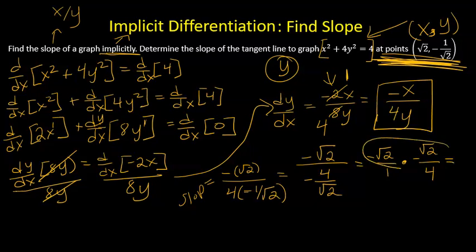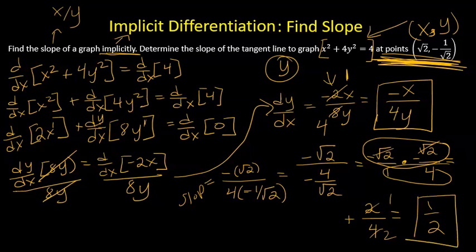Well, we have 2 negatives, so 2 negatives make a positive, and then 2 square roots of the exact same thing makes the hat get ripped off, and it becomes a 2. But it's a positive 2 because I have those 2 negatives. And then I also have that 4 in the bottom because 1 times 4 is 4. And if I reduce that, it becomes half. So the answer is half. The slope of this equation right here is half.